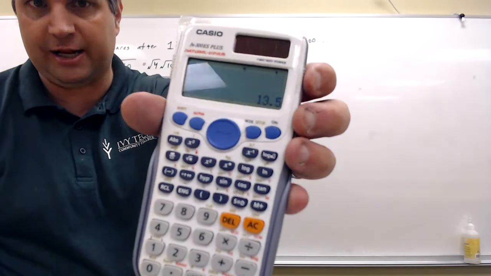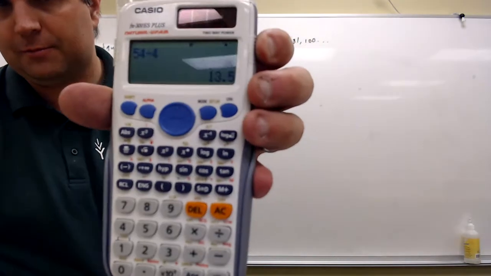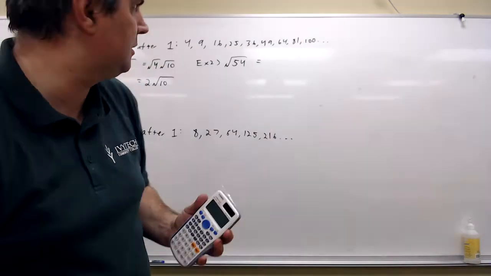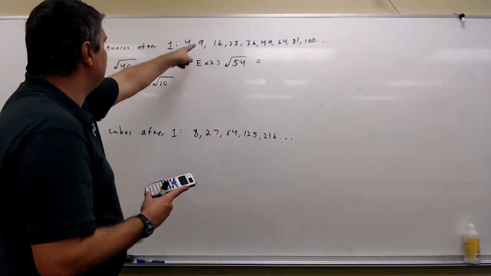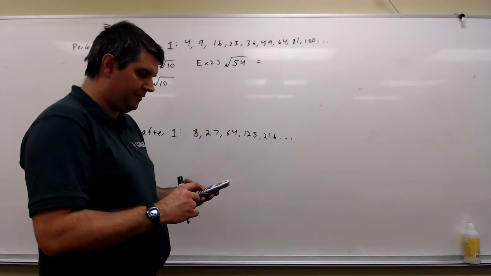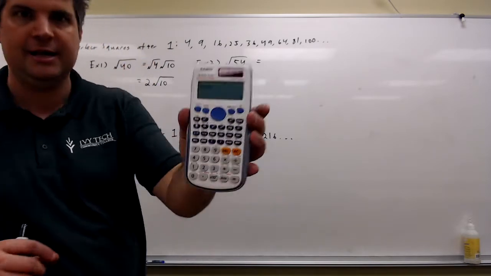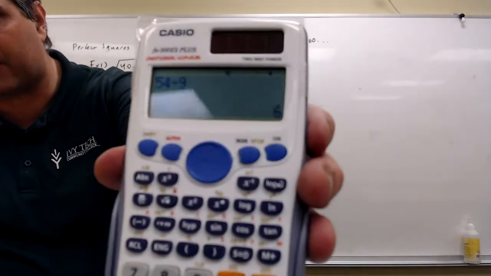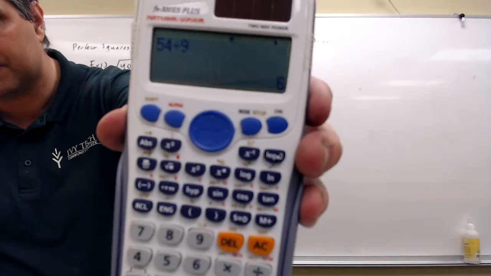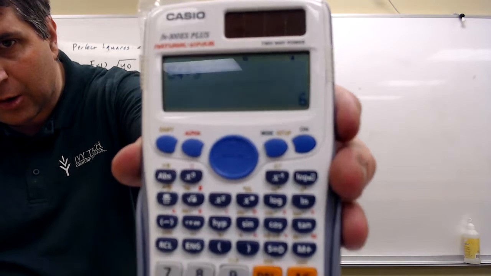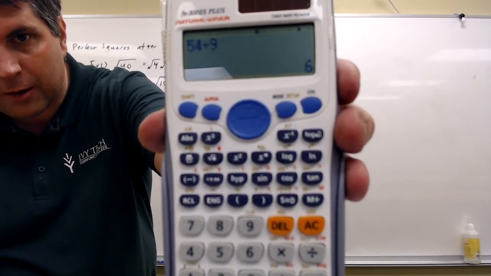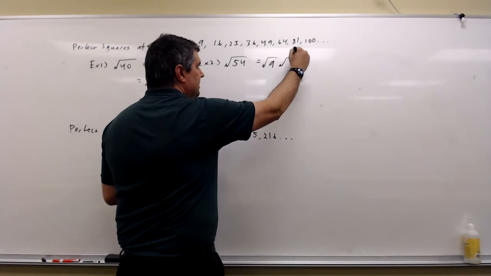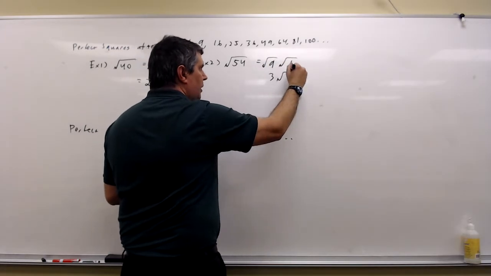It doesn't divide cleanly. But it is divisible by 9. 54 divided by 9 is 6, and 6 is not divisible by any perfect square. So square root of 9, square root of 6, 3 square root of 6.